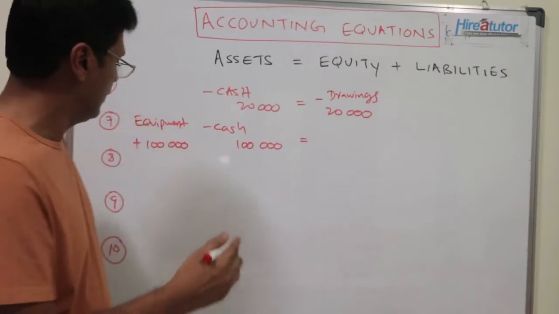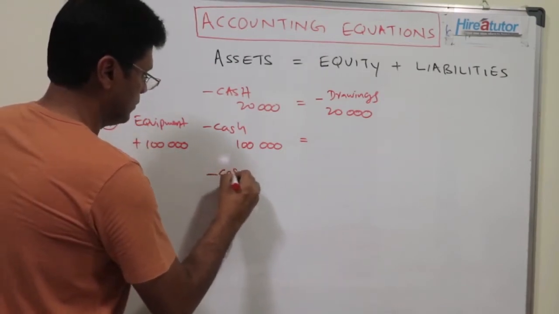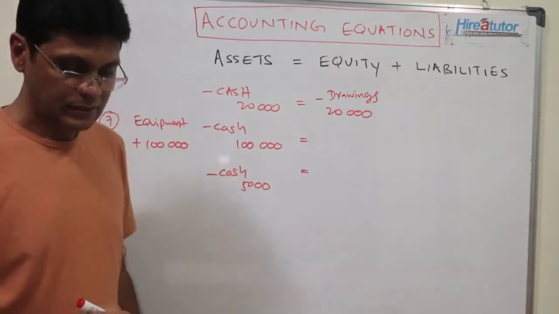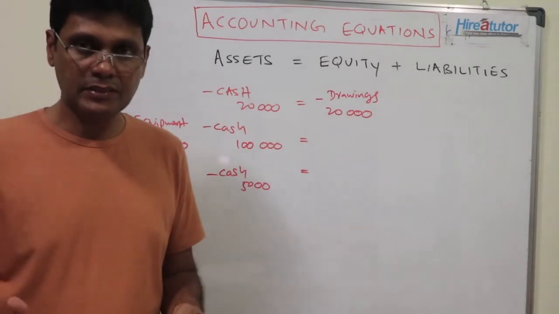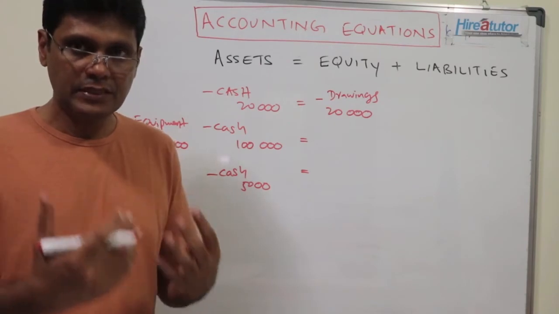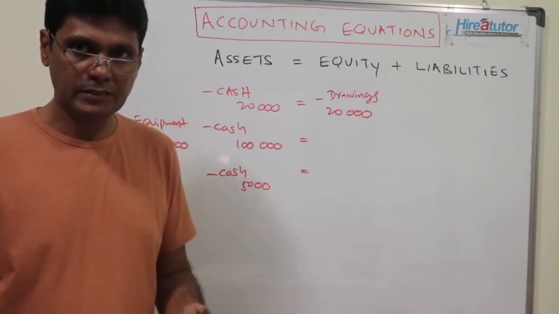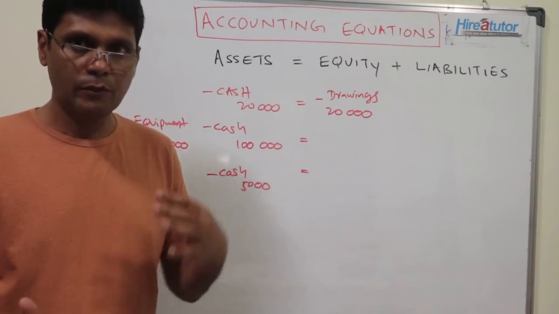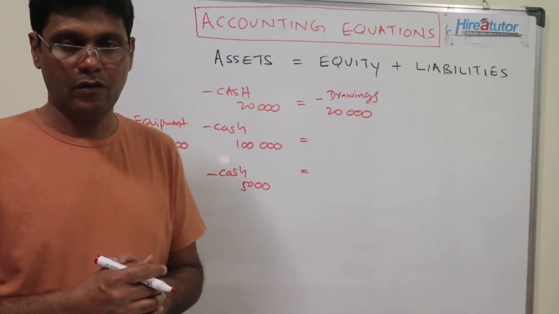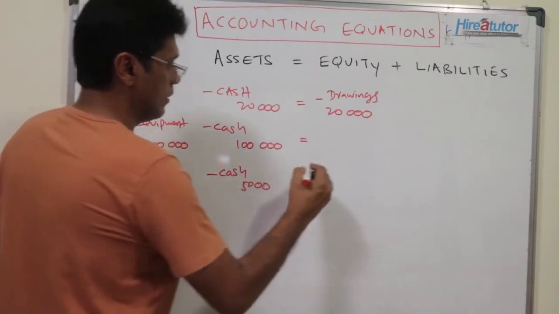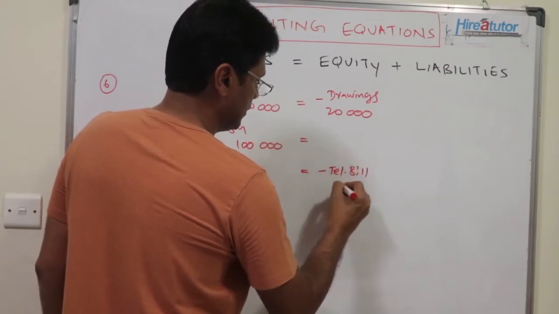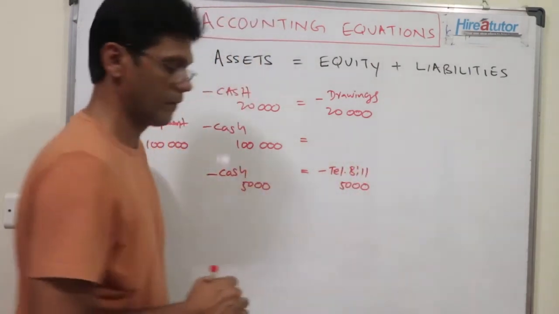On the asset side, cash will reduce by 5,000, and since it's an expense, expenses will have to be borne by the owner. Since the business has paid 5,000 expenses, the amount to be paid towards the equity owner will reduce by, this is the telephone bill expenses, by 5,000.